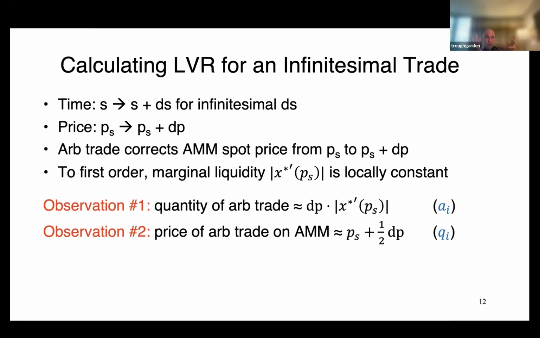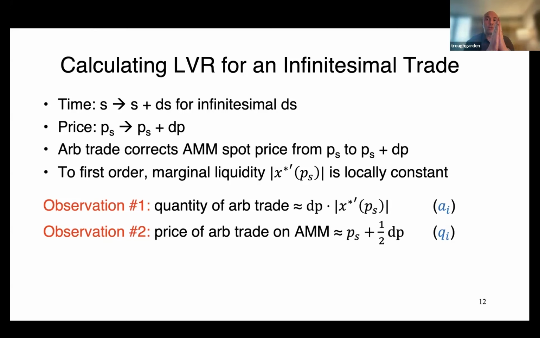So the overall price of the trade, the average amount paid per quantity, is going to be some mixture, some average of PS and PS plus DP. But actually, our life gets really simple here exactly because the marginal liquidity we're treating as constant for this sort of infinitesimal trade, right?